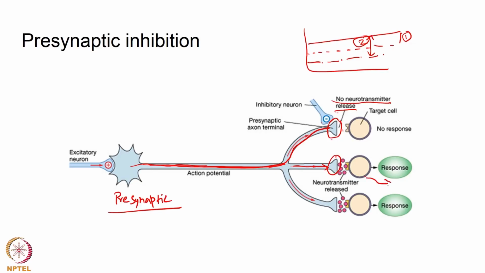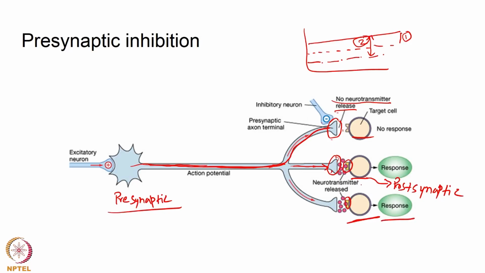Here is the postsynaptic cell, or these are the postsynaptic cells, that one and that one, these three are the postsynaptic cells. When I am not activating this part of the cell, the action potential causes calcium channels to open and neurotransmitter to be released and detected by the presence of these receptors here, and a response from this cell can be expected.